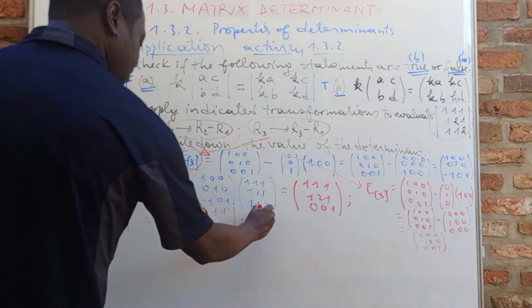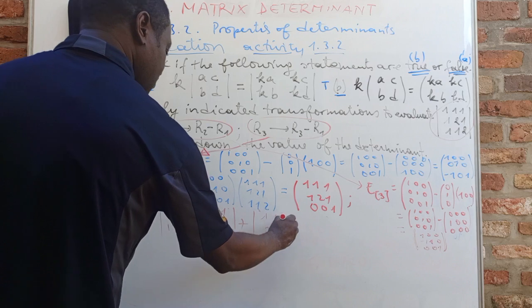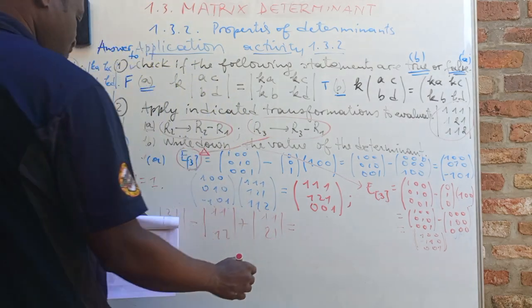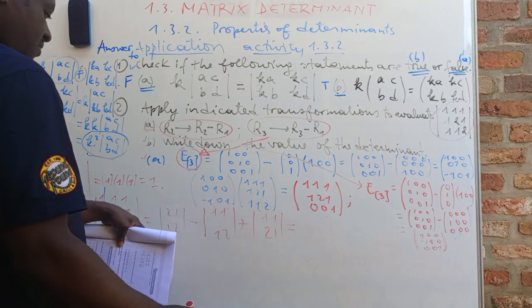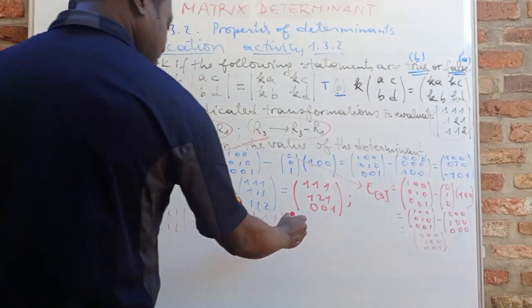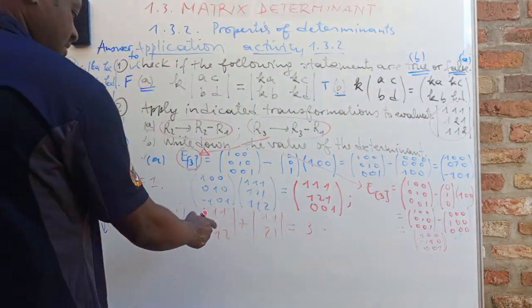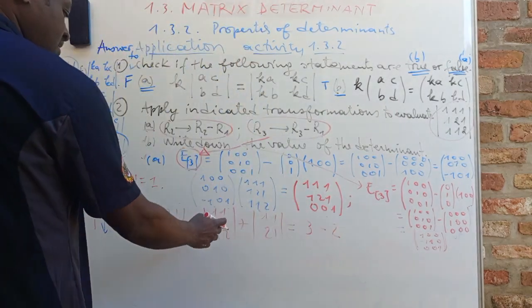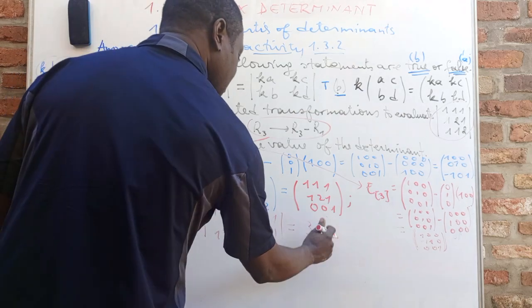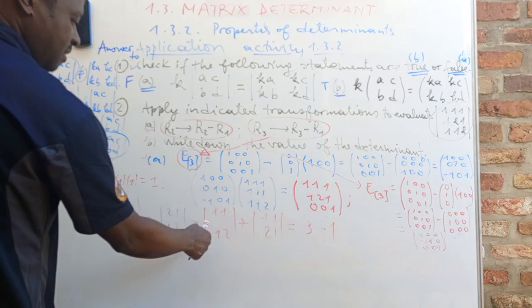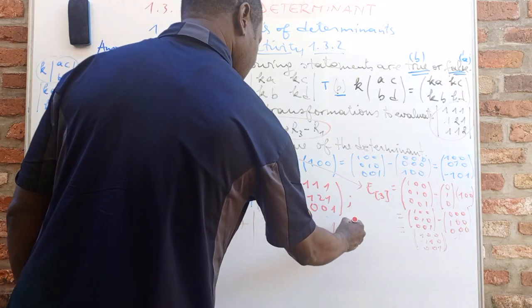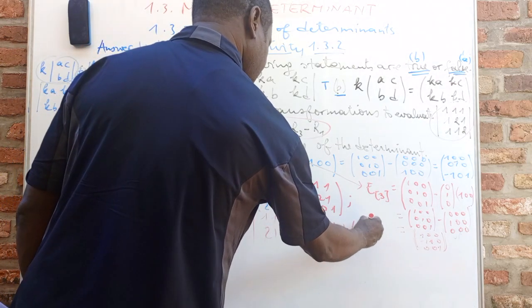So the first is 2 times 2 minus 1, which is 4 minus 1 is 3. Minus, 2 minus 1 is 1. Plus, 1 minus 2 is negative 1.